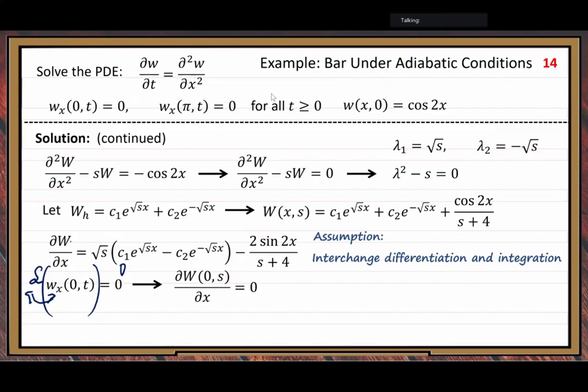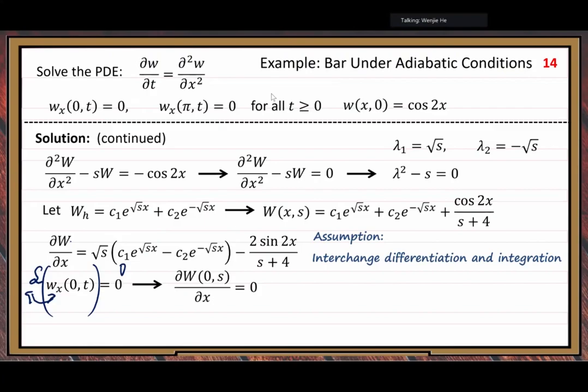Then in the upper equation, you can plug in x equals 0, and you get one equation related to C1 and C2.